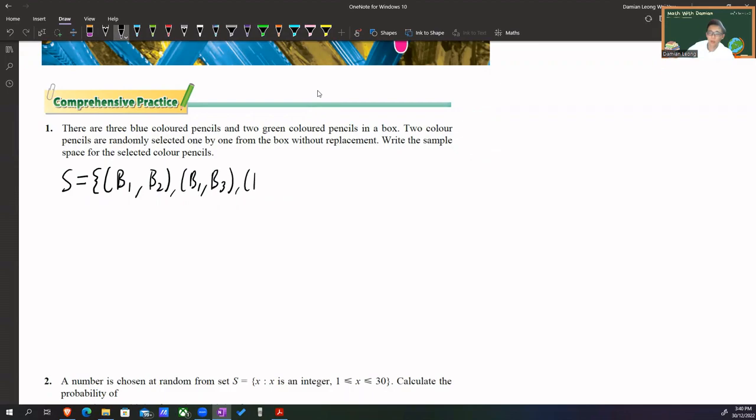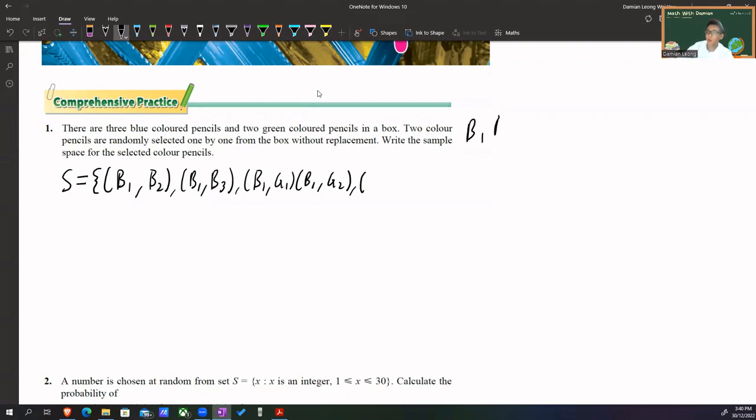It can be second blue pencil. Actually, let's stick with the blue first. First blue with first green. First blue with second green. Then we start from the second blue pencil. And we keep repeating each one of it, cycle through it.